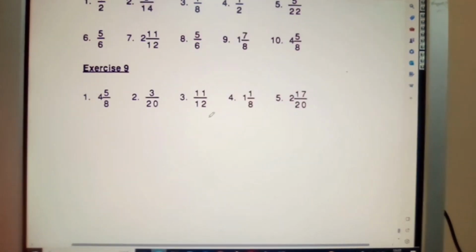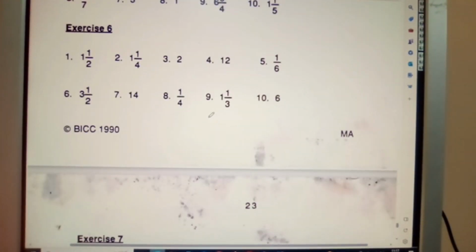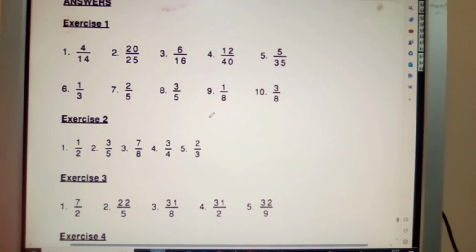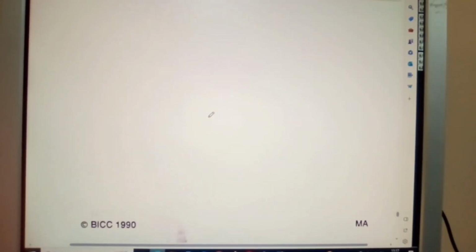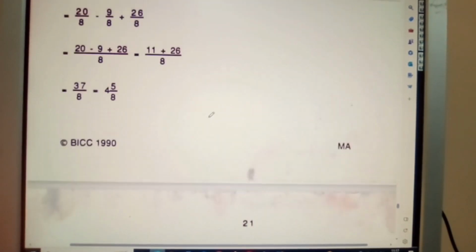Okay, thank you. I hope you found this useful. Okay, I'm just going to scroll back up now to the beginning just to make sure that I've got everything in view and that I've not missed anything out.